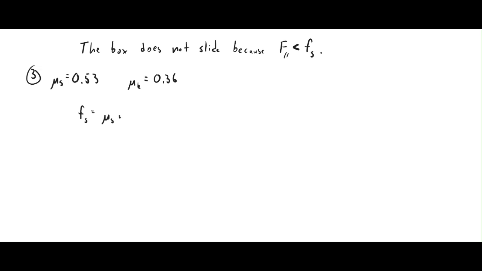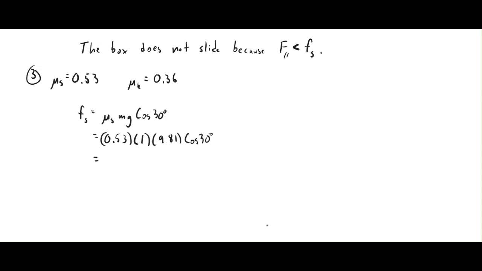Mu s times mass times gravity times cos 30 degrees, which is 0.53 times 1 times 9.81 cos 30.